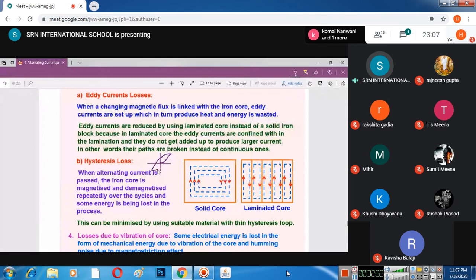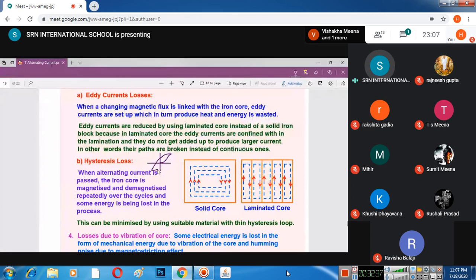And this happens with regular magnetization and demagnetization, because the AC current reaches the maximum value and then reduces to the minimum value, and this cycle takes place 50 times in 1 second.